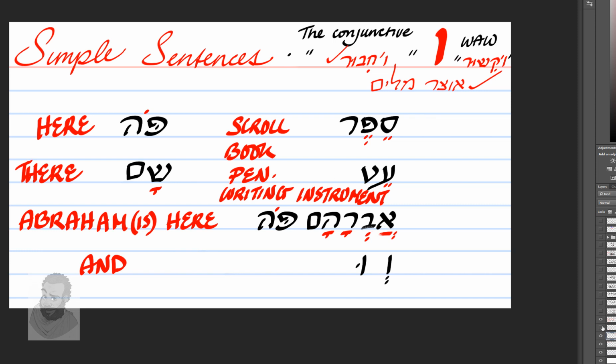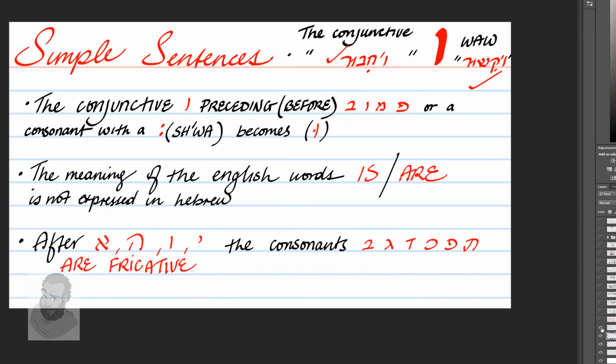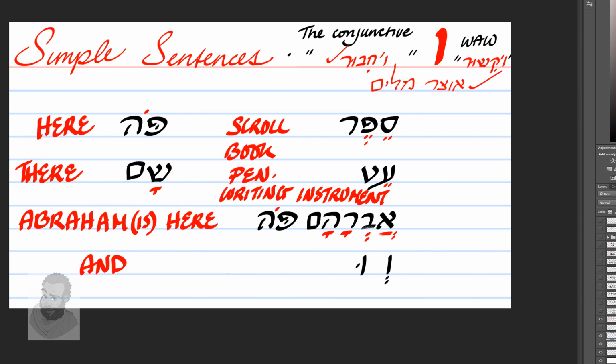Remember we saw that the English words is and are are not expressed in Hebrew. So "Avraham is here" is Avraham po. Remember, there's no is or are. So this is "Avraham is here." Avraham po.